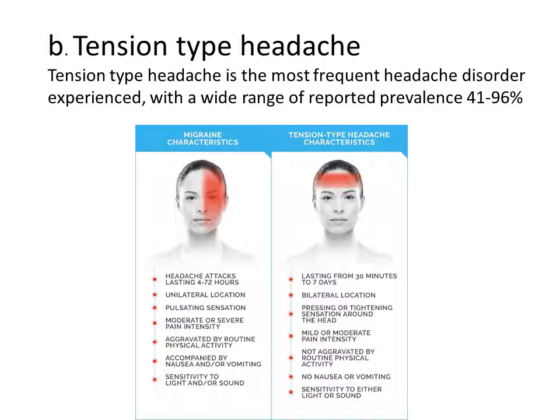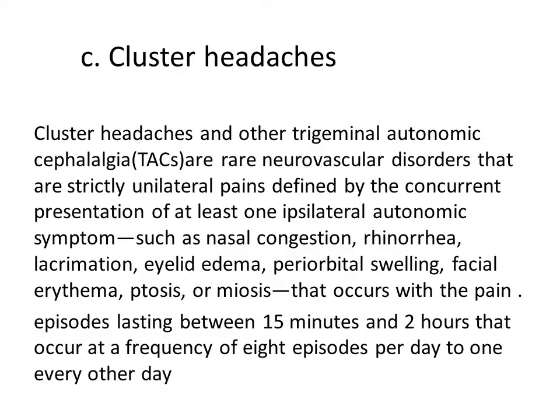The pain is generally mild, and it lasts from 30 minutes to 7 days. It is bilateral, and the feeling is as if something is pressing on the head. With more physical activity, this pain increases.